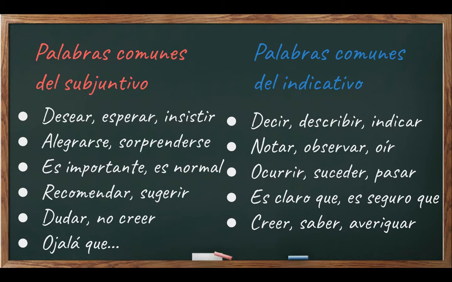Now you have the same thing for the indicative, and some examples are decir, observar, oír, es claro que, es seguro que, yo sé que, yo creo que, right? So these are things talking about facts and things that you observe, things that you know, things that you believe. So yeah, that's a little bit different from the subjunctive, which we know talks about opinions and emotions and recommendations, doubts, desires, right? So these keywords will come in handy.